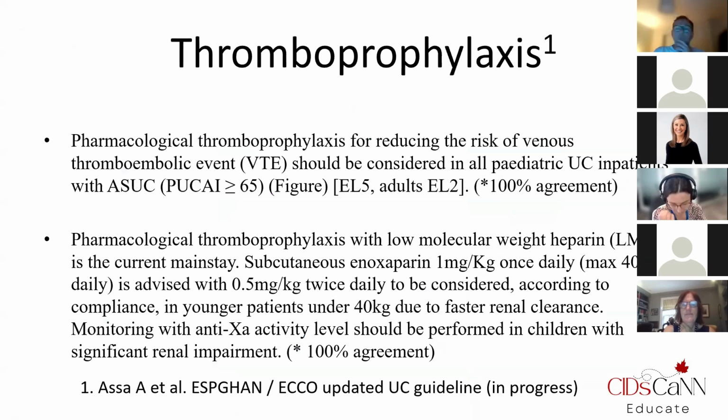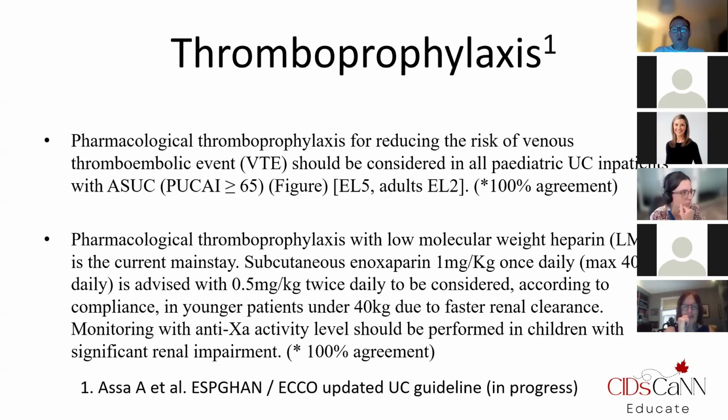Next slide. So this is what the current guidelines are suggesting that we do, and we've pushed things a little further with this statement. We're suggesting that anybody of any age with acute severe colitis, using your PUCAI score as you'll be used to, should be given pharmacologic thromboprophylaxis. That should be low molecular weight heparin, and you can see on the screen the dosing there.